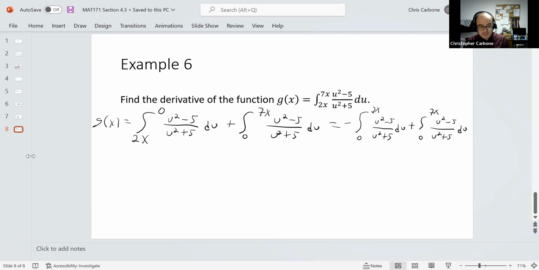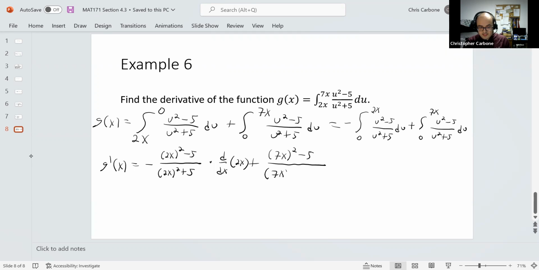So based upon this, we could take the derivative, g prime of x, to be negative 2x squared minus 5 divided by 2x squared plus 5 times the derivative with respect to x of 2x, plus 7x squared minus 5 divided by 7x squared plus 5 times the derivative with respect to x of 7x.